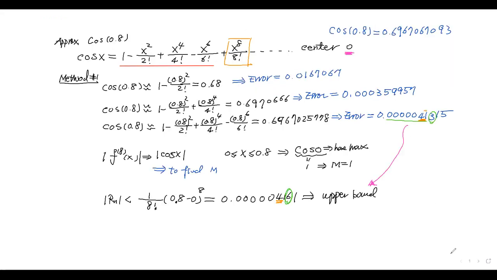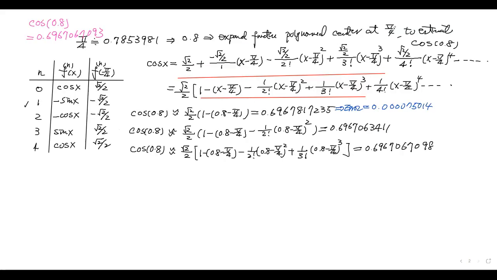Compared to if you use the center at 0, if you use the first term, the error is only at the second decimal. And now if you use the polynomial centered at pi over 4, wow, the first two terms, the linear term, will be doing pretty good estimations, right? That's amazing.